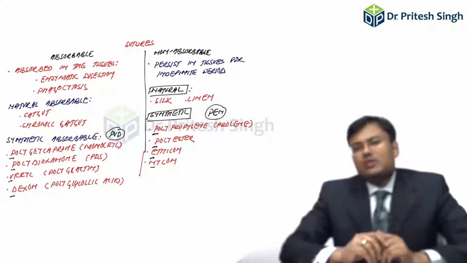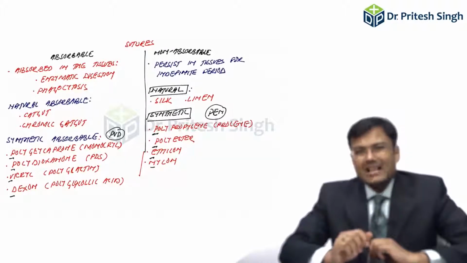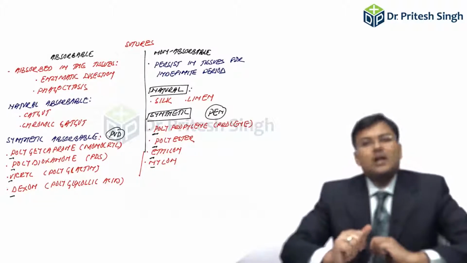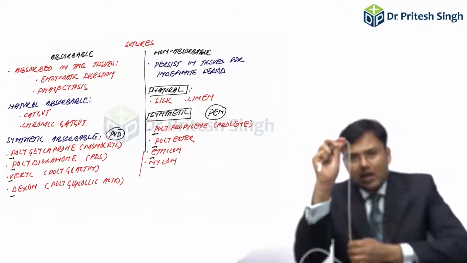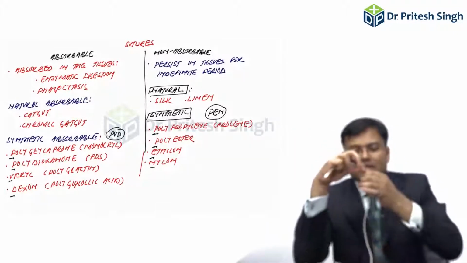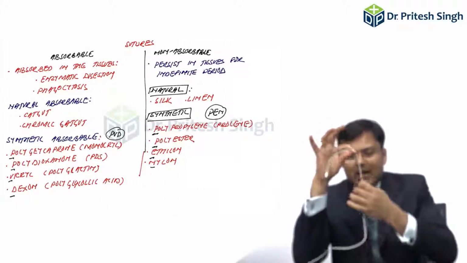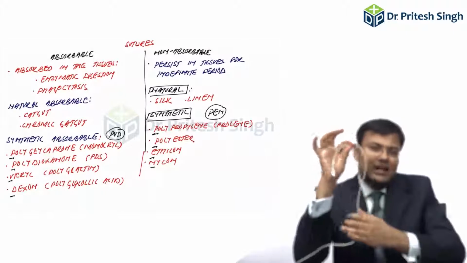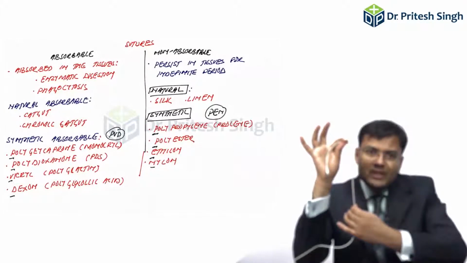After that, sutures are further divided into two types, monofilament and polyfilament. Now what is the meaning? Have a look. This is monofilament. What do you mean by monofilament? Can you see? There is a single strand of fibers. And since there is a single strand, this is smooth.